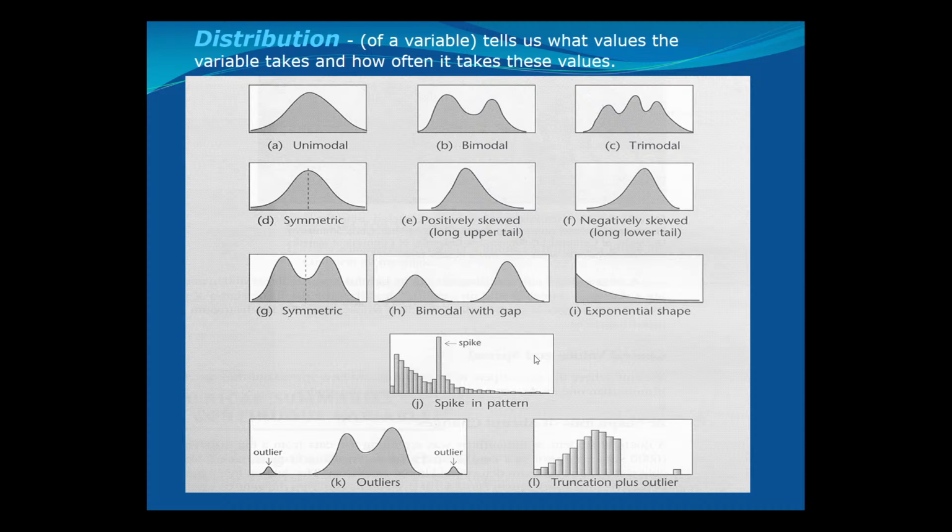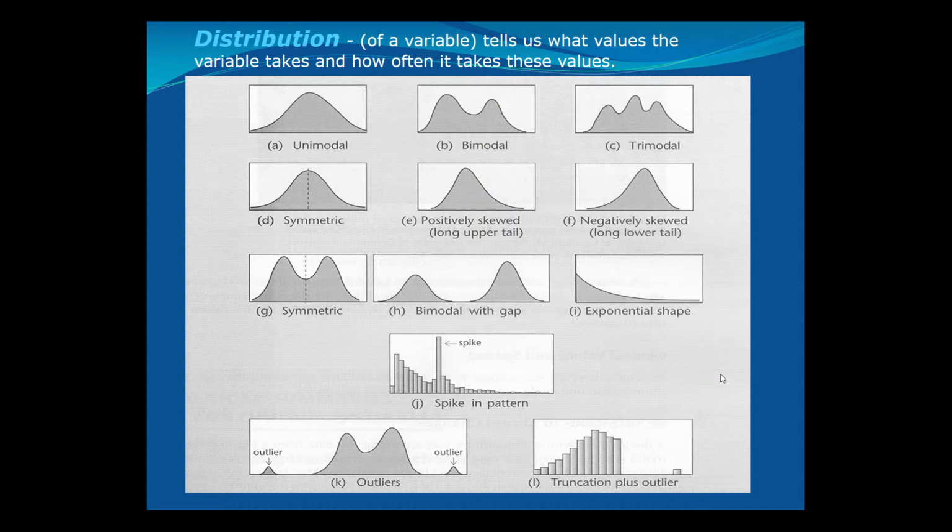We can get a distribution with a spike in pattern, graph G. At graph K, you see some distribution with different outliers, and graph L is a distribution plus outlier. So there are different types of distribution of a variable.